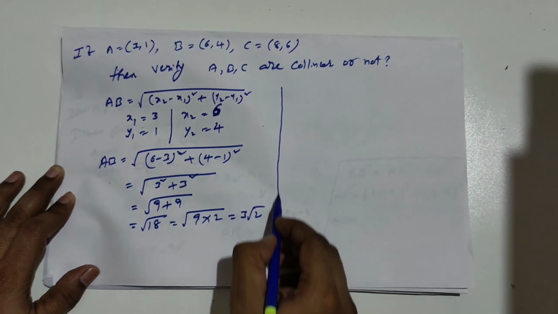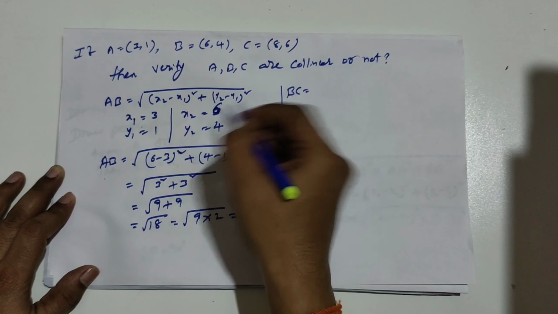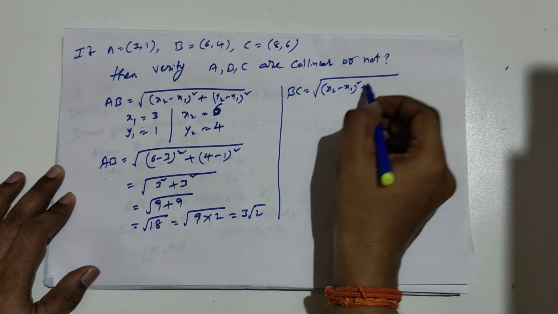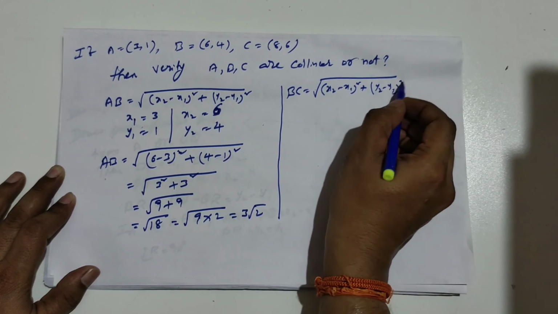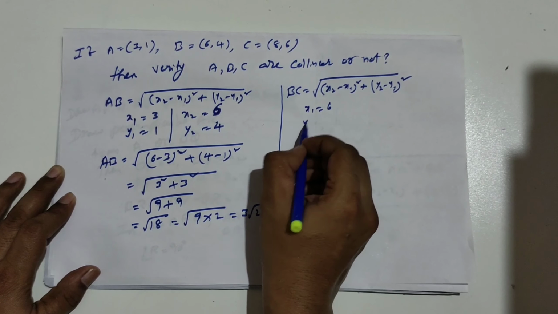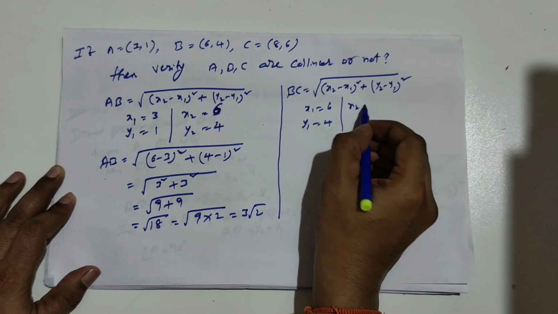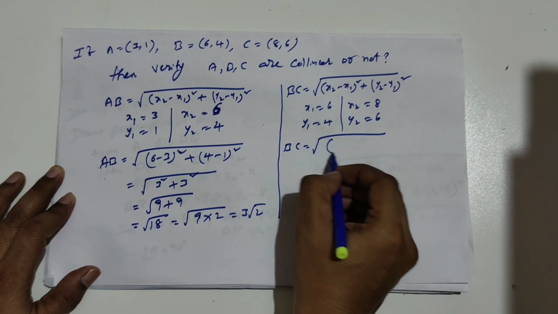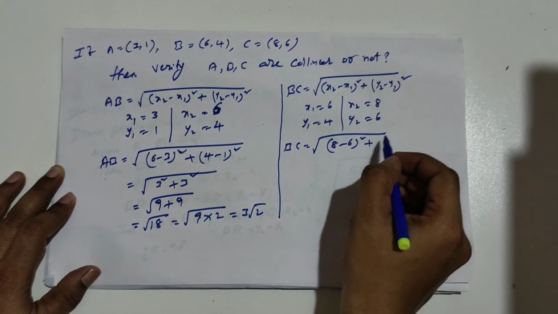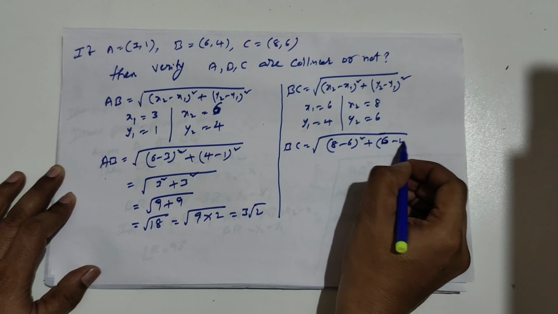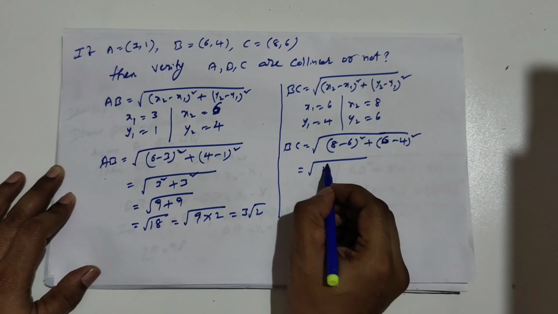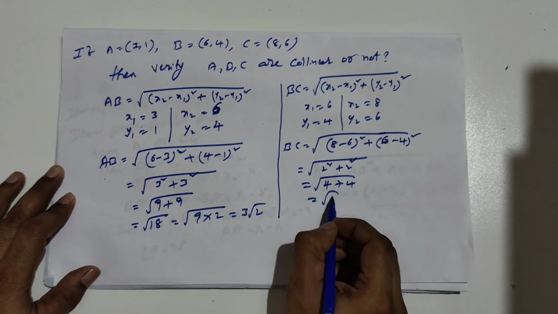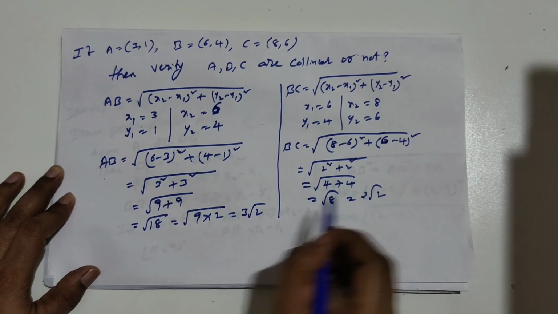In the same way, find BC. By applying the same formula, square root of x2 minus x1 whole square plus y2 minus y1 whole square, with x1 6, y1 4, x2 8, y2 6. BC equal to under root of 8 minus 6 whole square plus 6 minus 4 whole square, that is 2 square plus 2 square, simply 4 plus 4, that is root 8, which equals 2 root 2.